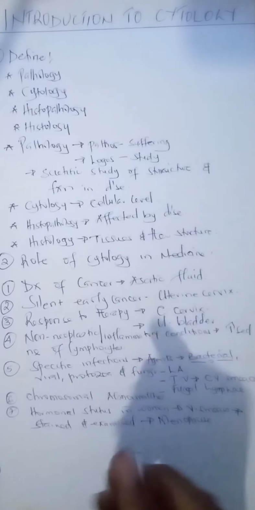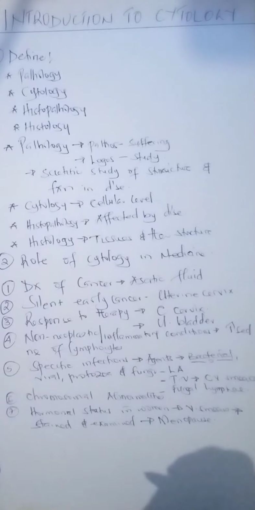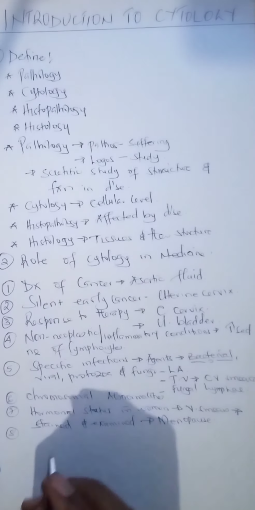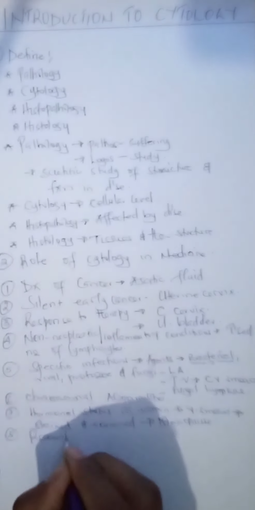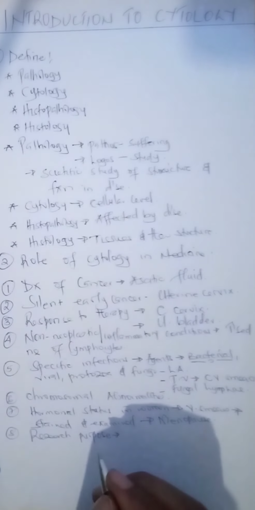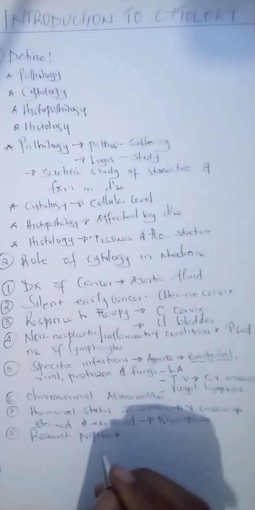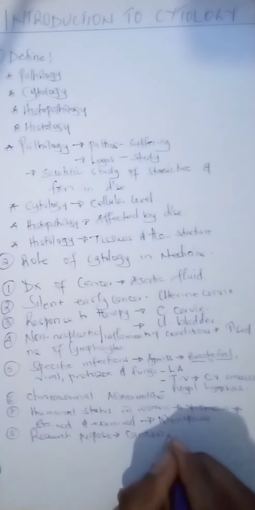That is hormonal status in women. Number eight, it's very important for research purposes. So a lot of research is being done to ascertain the risk factors related to various cancers, how best they can be diagnosed, and the behavior of various cancers.